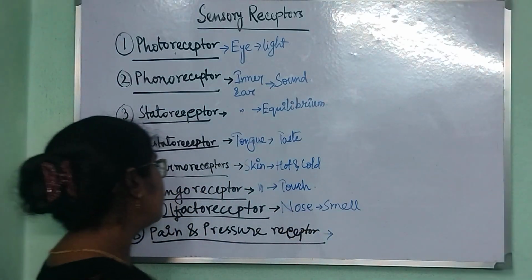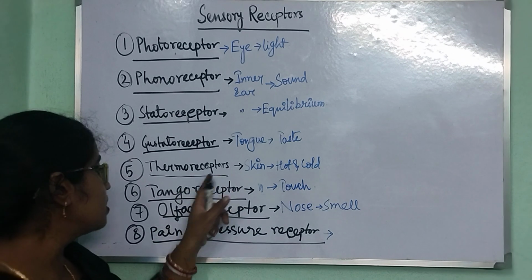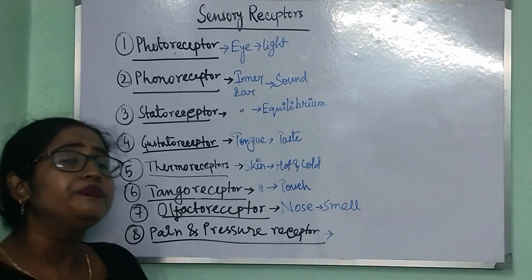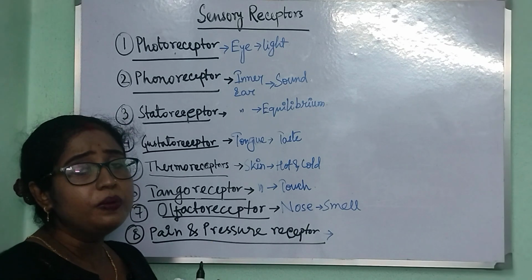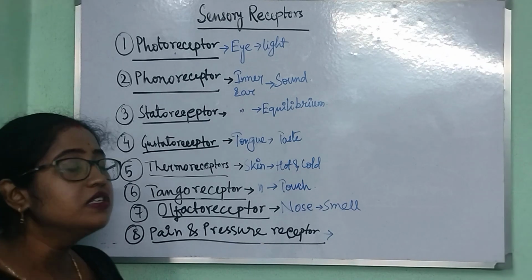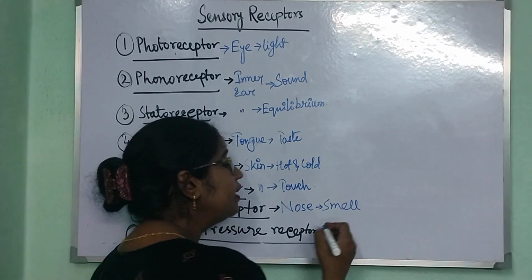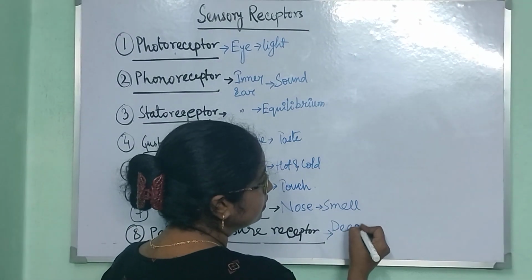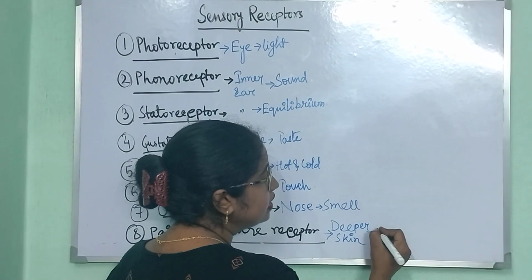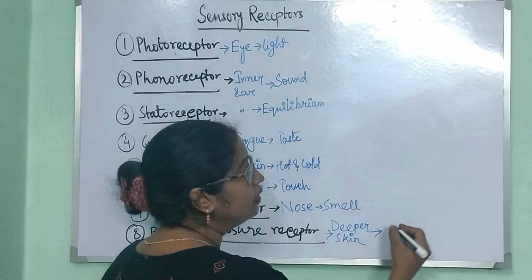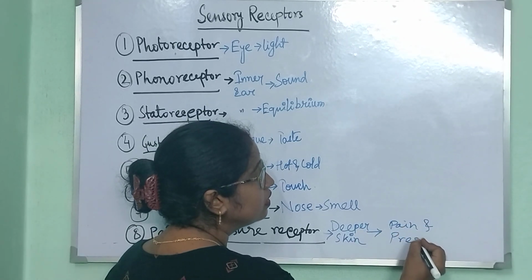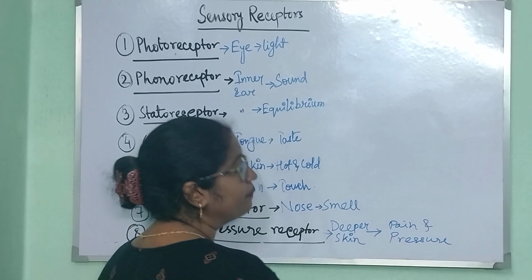The thermoreceptors and the tangoreceptors are located in our superficial skin area, but the pain and pressure receptors are situated in the deeper skin portion, and they help to detect pain and pressure stimuli.